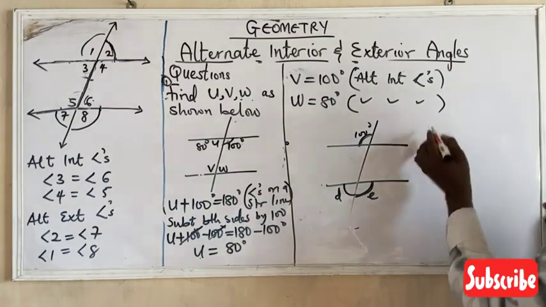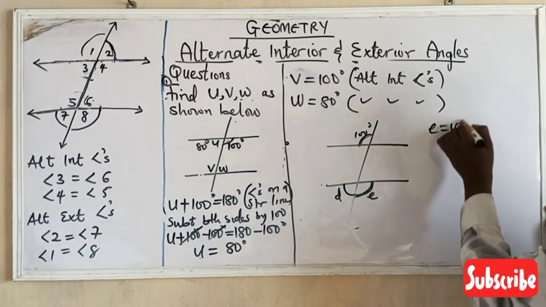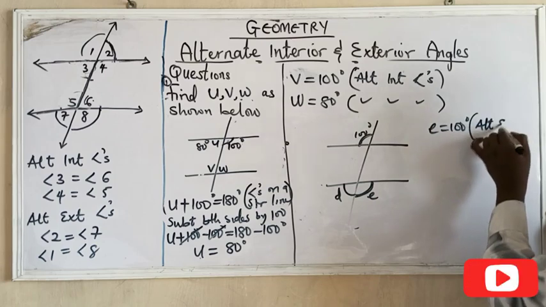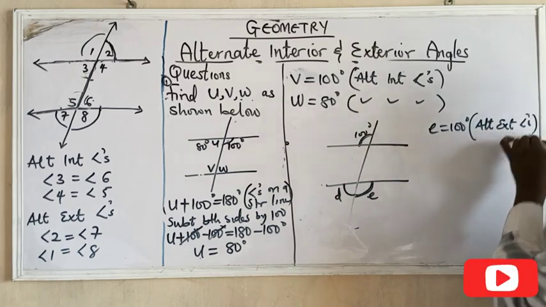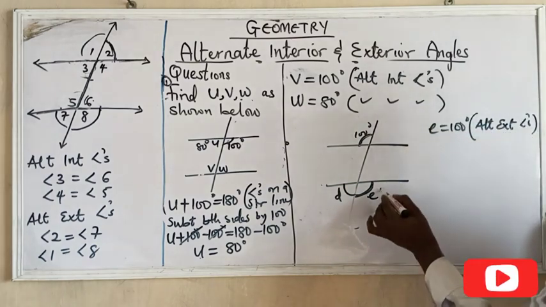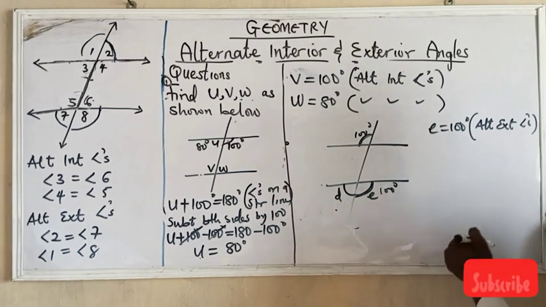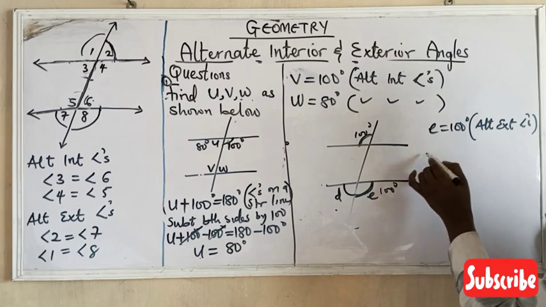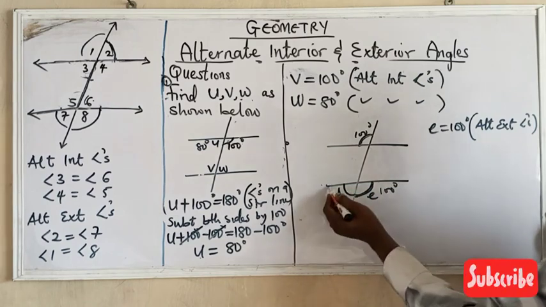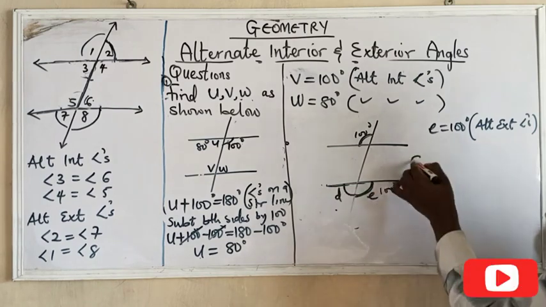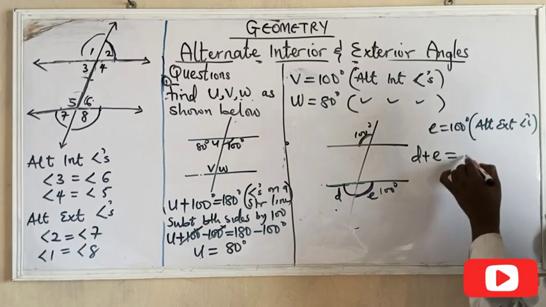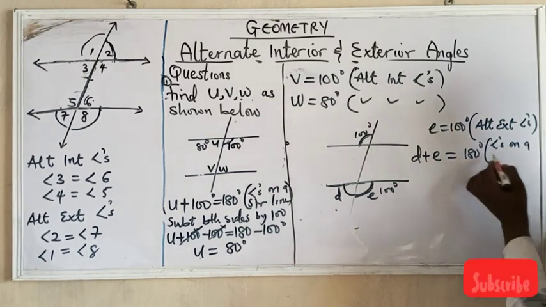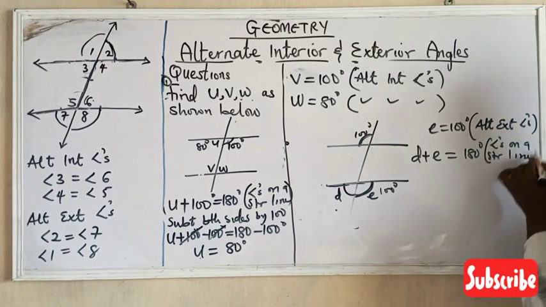So at the end of the day, I will say E equals 100 degrees. Reason: alternate exterior angles. And since this is 100 degrees, in order for me to find my D, I would just say angles on a straight line equals 180, because it can be located on a straight line. So I can say D plus E equals 180 degrees. Reason: angles on a straight line.